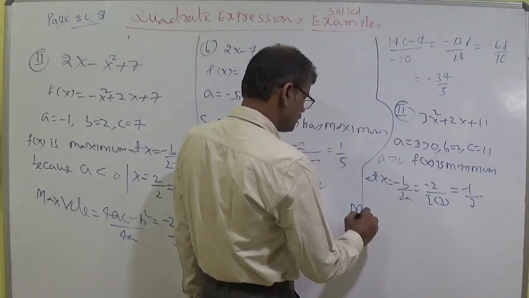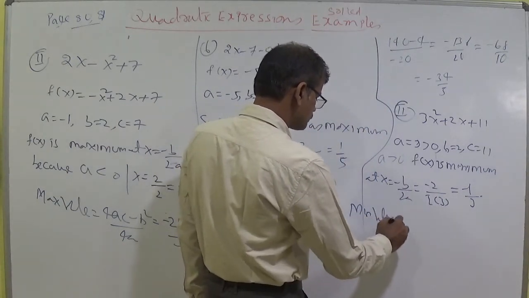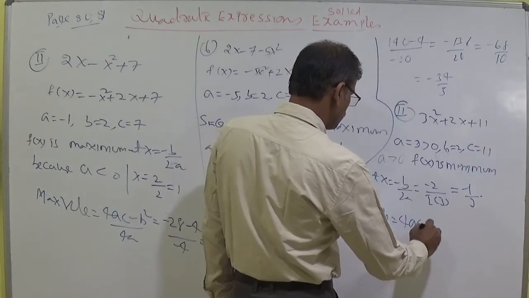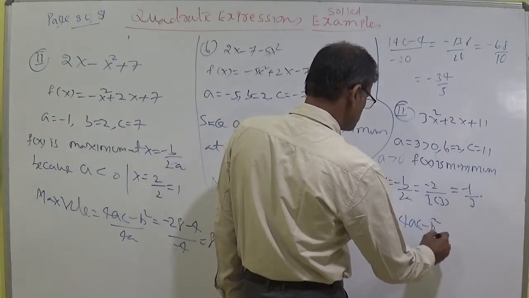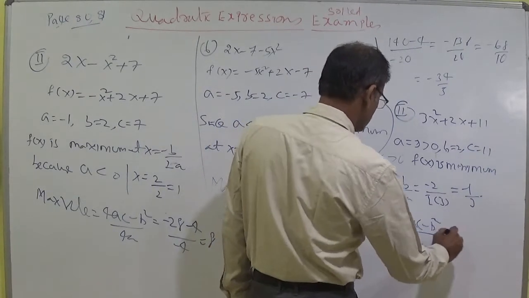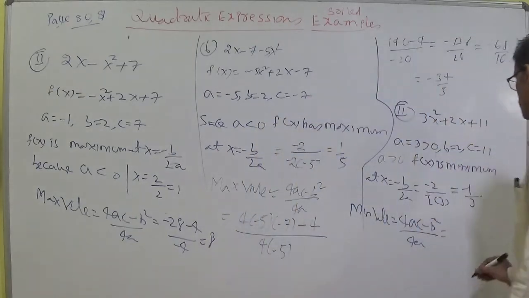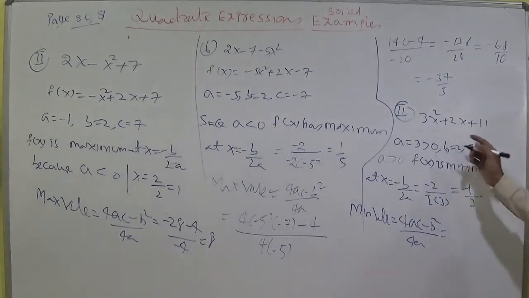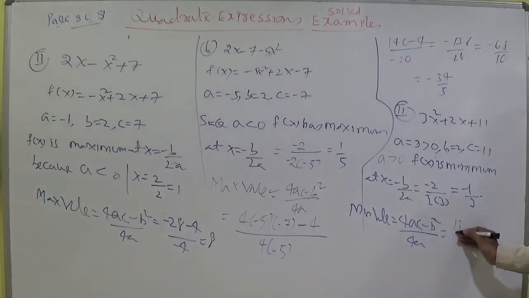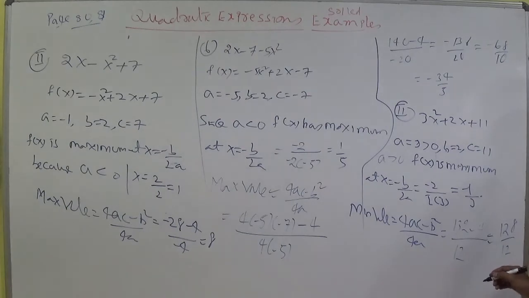Minimum value is 4ac minus b square by 4a. 4ac means 4 into 3 is 12, 12 into 11 is 132, minus b square means minus 4, by 4a means 12. 132 minus 4 is 128 by 12.